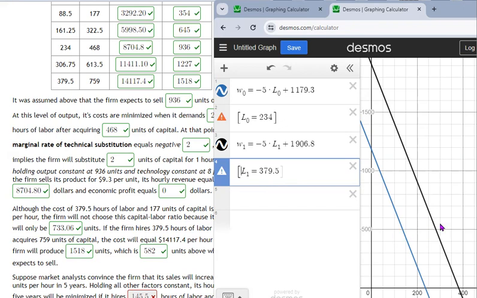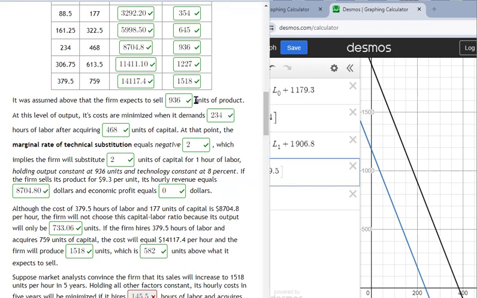Well, it makes sense, right? It makes sense that it shifted from blue to black because we were expecting to sell only 936. Now we expect to sell 1,518. So when your firm expects to sell more product, you're going to get a parallel shift of your labor demand equation.